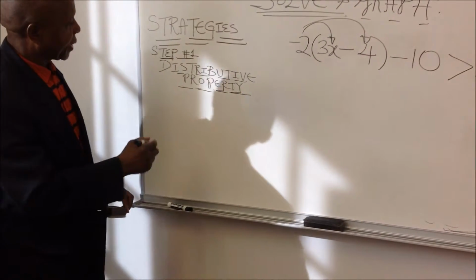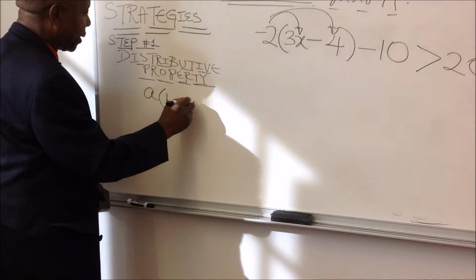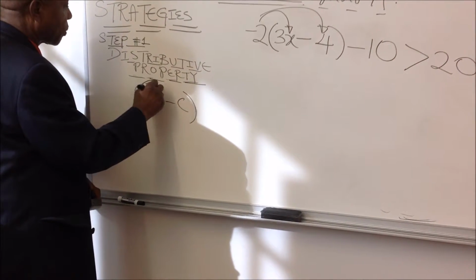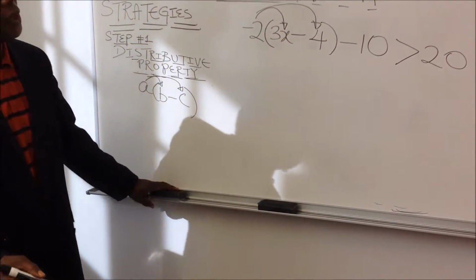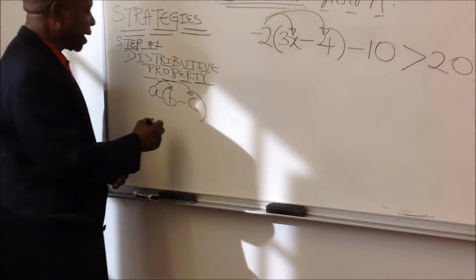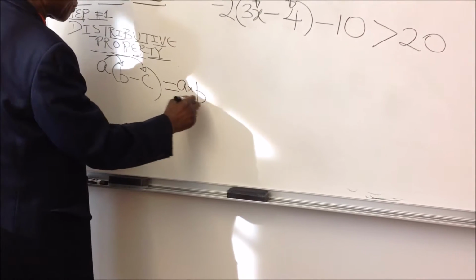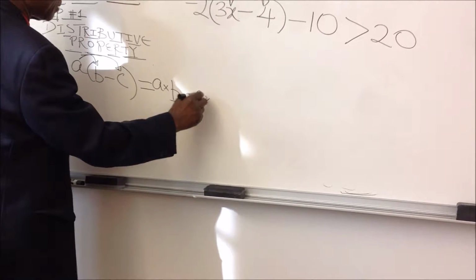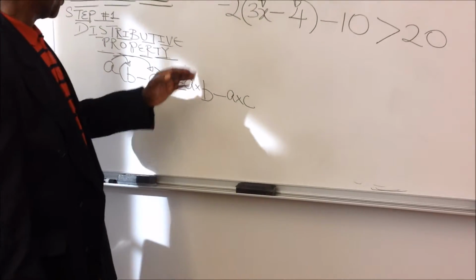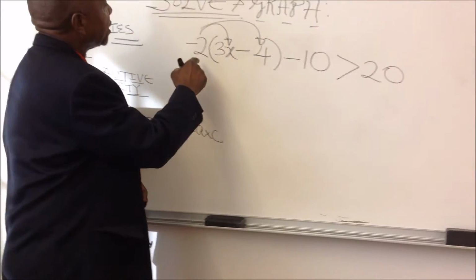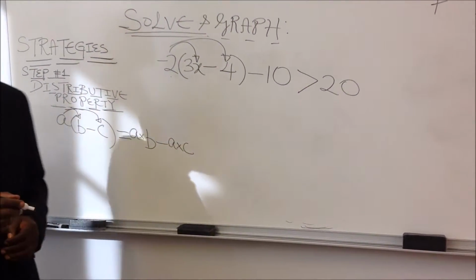Let us see. If you have A times B minus C, where A, B, and C are any real numbers on the real number line, then we can write this as A times B minus A times C. In our problem, we can write this as negative 2 times 3x.